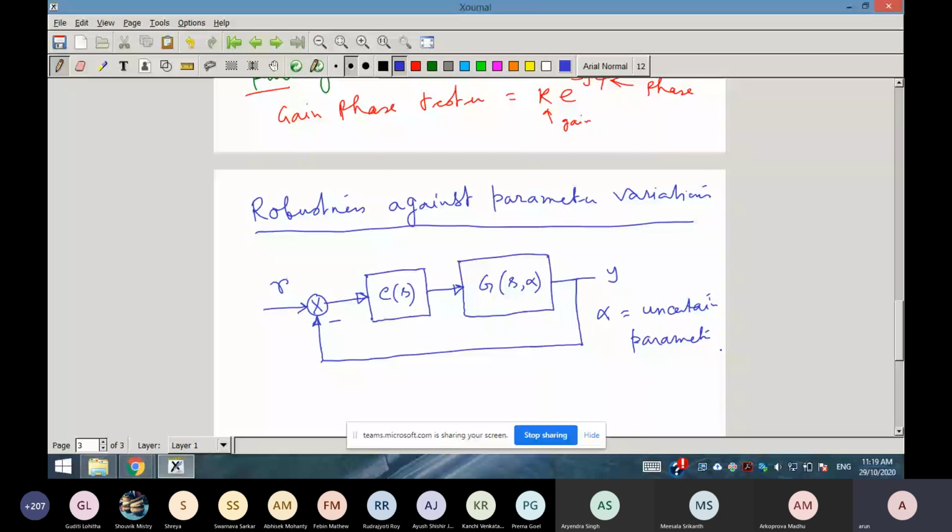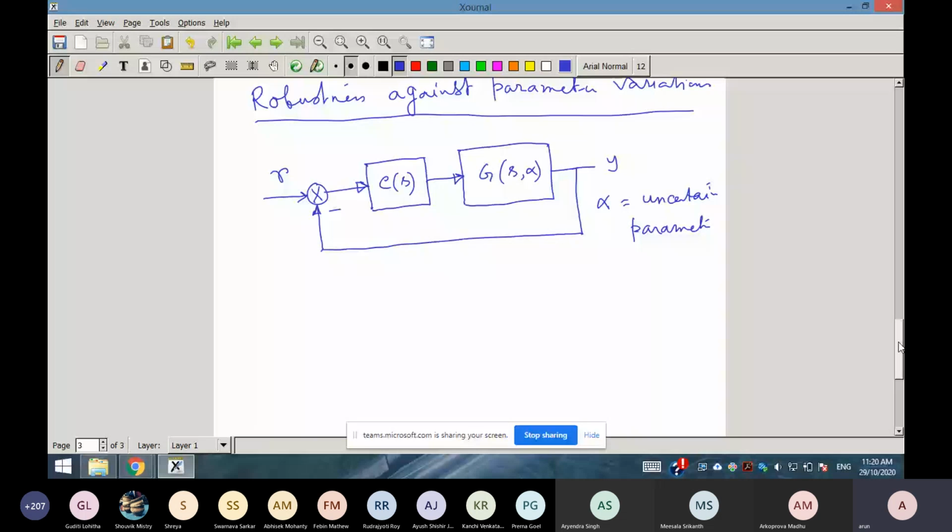one term, sensitivity. So the sensitivity term I will bring in: S_alpha^G. This I will term the sensitivity of G with respect to alpha. That means the sensitivity of G when alpha is varying.